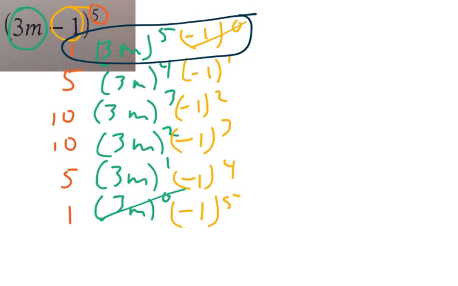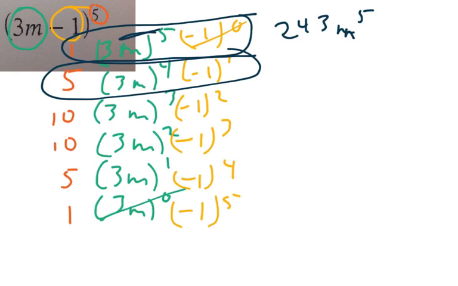Putting it all together, that right there is 3m to the 5. And I got to quickly grab my calculator here and do 3 to the 5 power there, guys. So 3 to the 5 power, I know, is 243. So my answer is going to be 243 m to the 5. Okay. Now notice the second set of numbers.